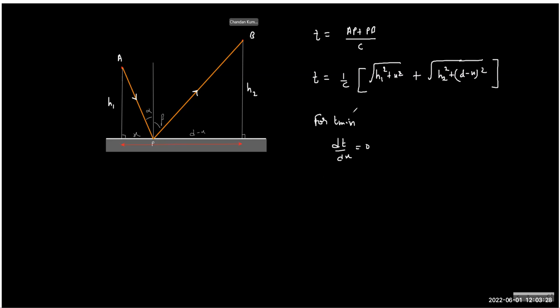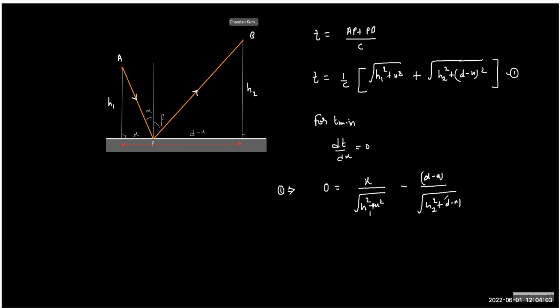So c is constant, so for c into t, dt by dx equals 0. I hope you know the differentiation of the function. It will give you x upon the square root of h1 squared plus x squared, minus (d minus x) upon the entire term.